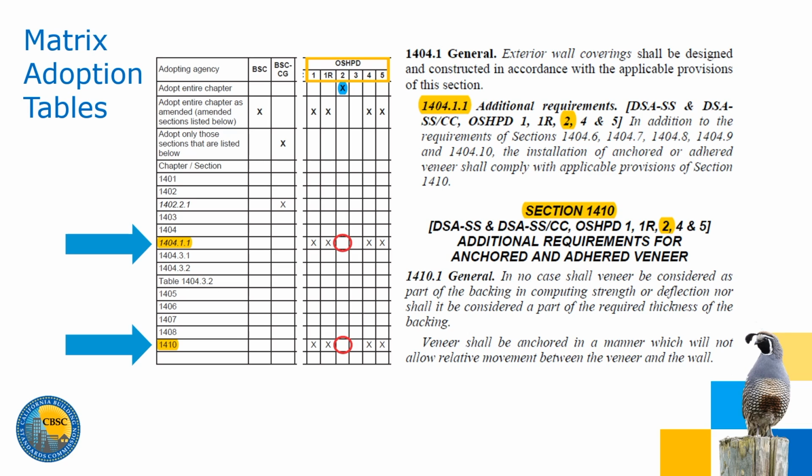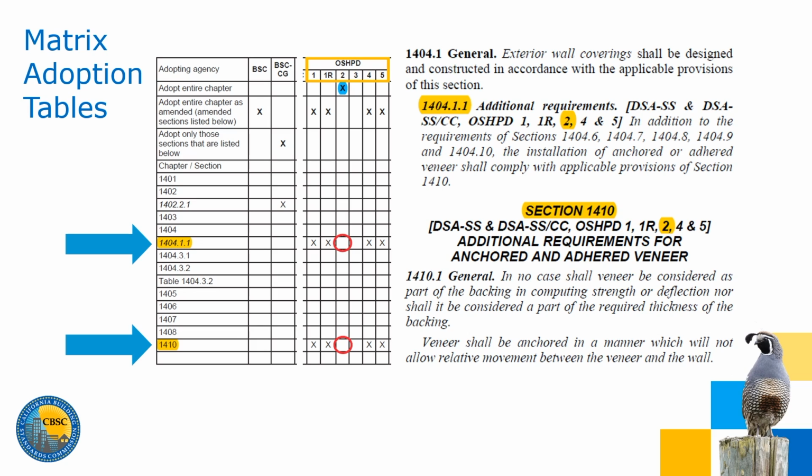We apologize if any confusion is caused by an error and ask that you take the time to verify what's correct. You can do this by looking at the text of the code to see if there is a banner or italics to indicate adoption or amendment by a state agency. Remember, matrix adoption tables are non-regulatory.